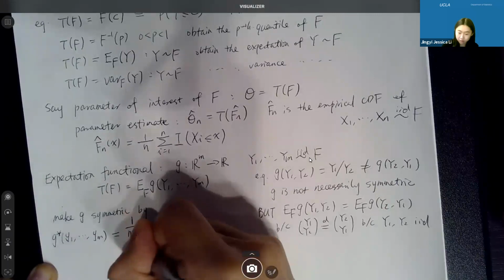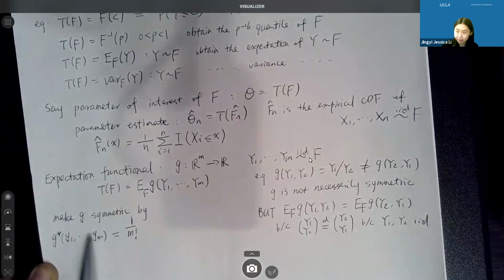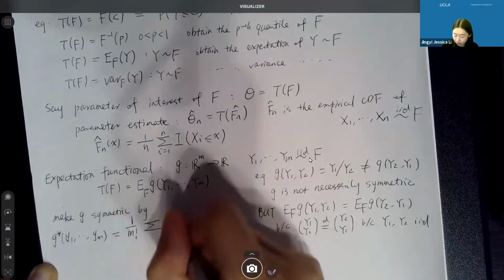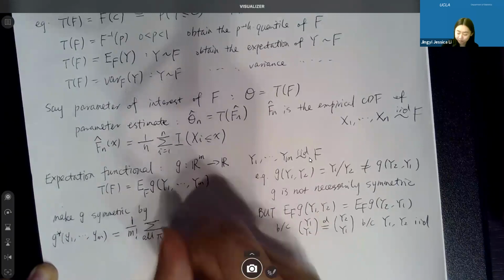So if I permute the m arguments, I have m factorial possible permutations, okay? And I would just take the summation over all pi. We often use pi as a permutation.